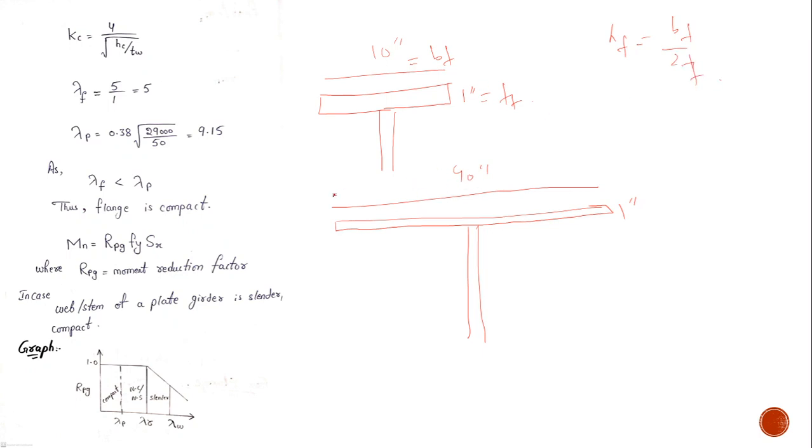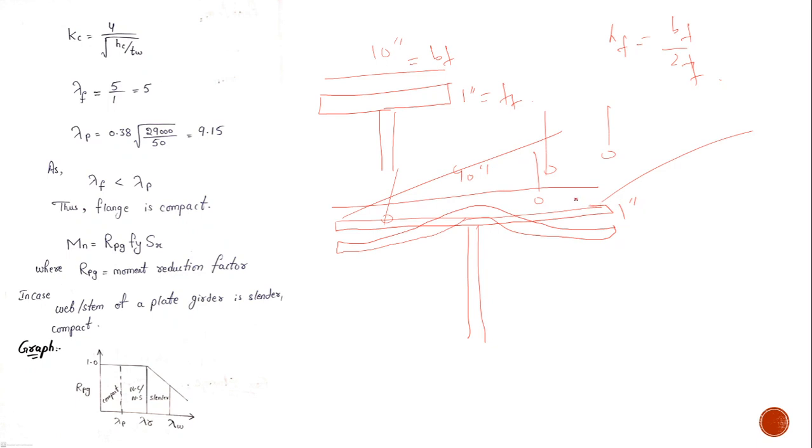However, in the other case the length is too long. Under any load, compressive or flexural, it would be prone to buckling, because it is slender. The length has been increased and accordingly the thickness was not increased. Here the compactness can be seen because the length, depth and thickness are all optimum. In the other, the length is too long but the thickness is very small, 1 inch. So this is the case.